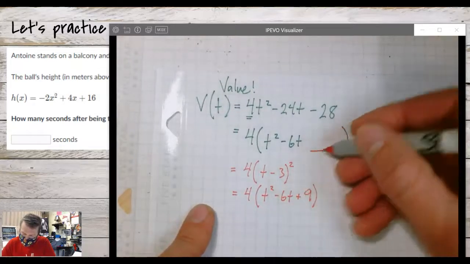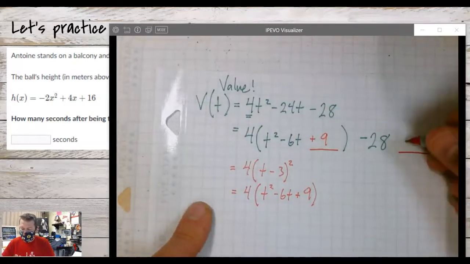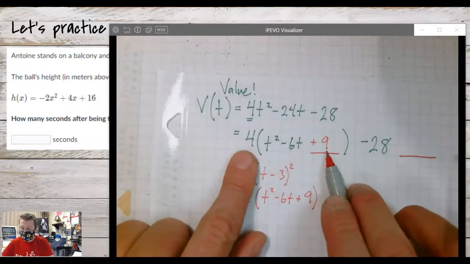So for this to be true, we need a 9 up here, which means what number goes out here? The opposite of 4 times 9.